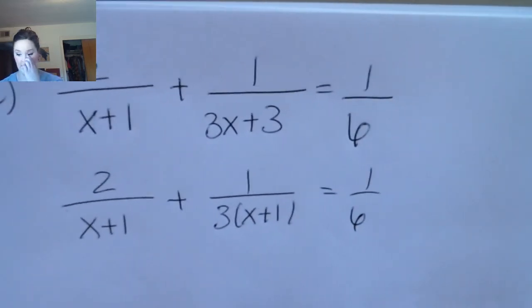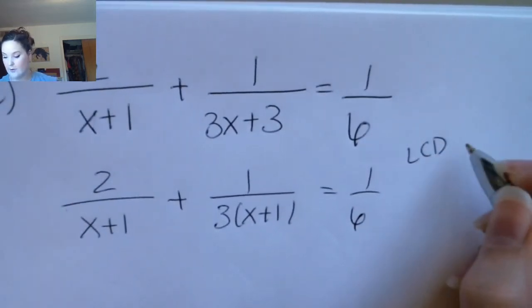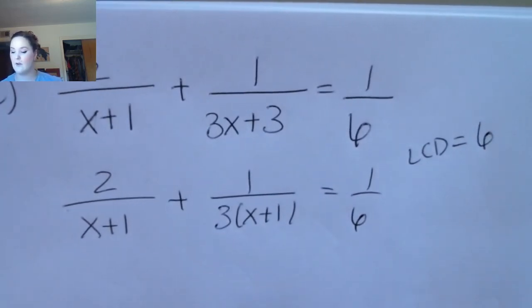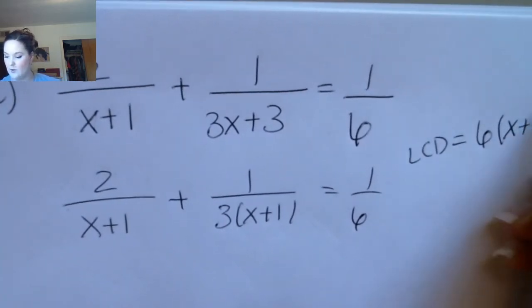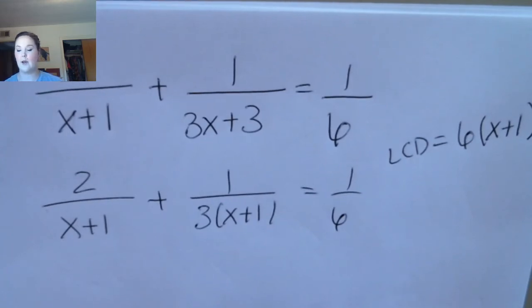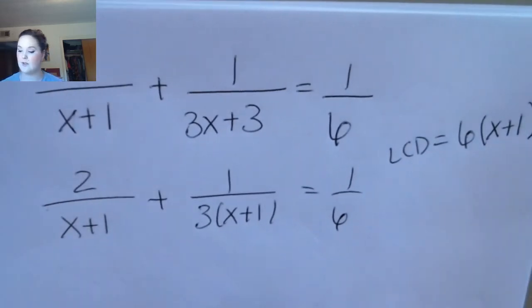Okay, so for the LCD, for the numerical part, I have 3 and 6, so my LCD is going to be 6. Okay, and then for the polynomial part, my only factor is x plus 1, so I'm going to include that. Okay, so I'm going to multiply everything here by 6 times x plus 1.